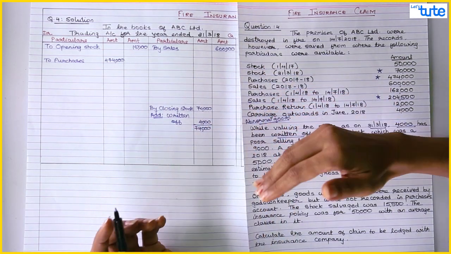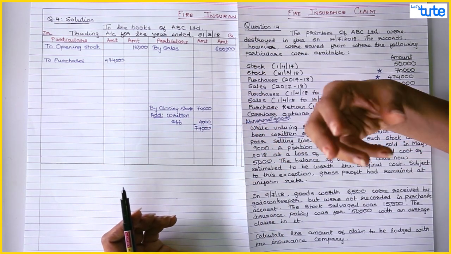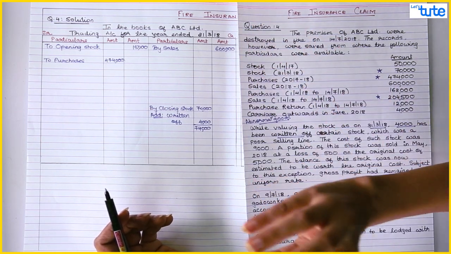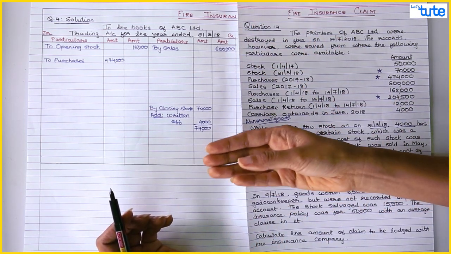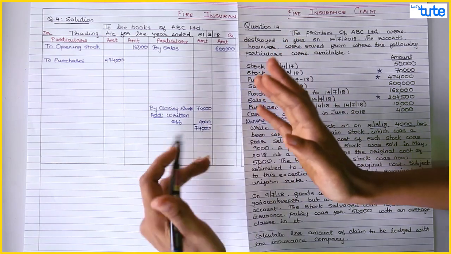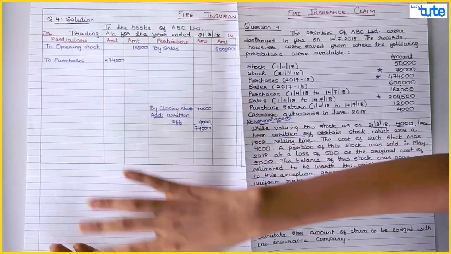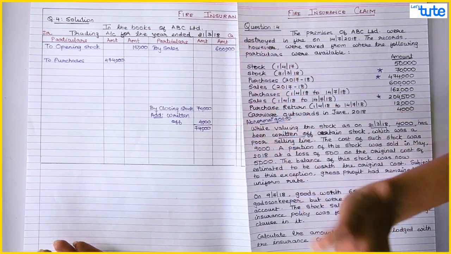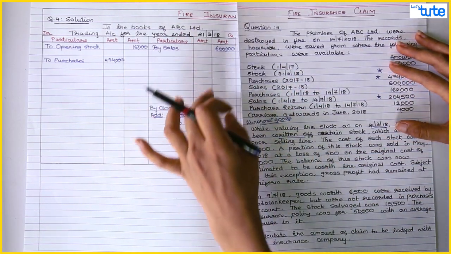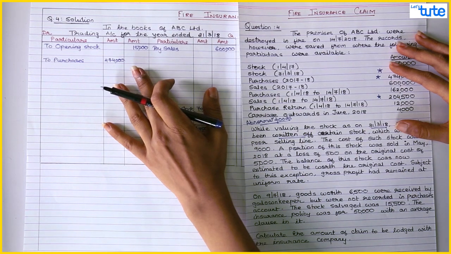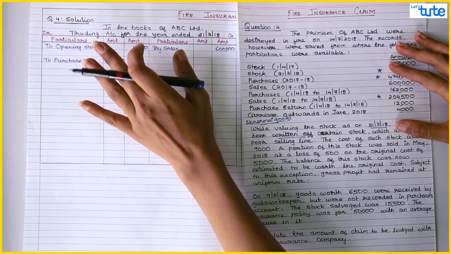For example, if your company is earning a gross profit of 20% and there are some goods which are sold at a gross profit of 10%, that should also be dealt with separately, because the GP ratio should be uniform on all the items. So wherever there are abnormal goods, you reduce those abnormal items from the normal items and treat them separately.